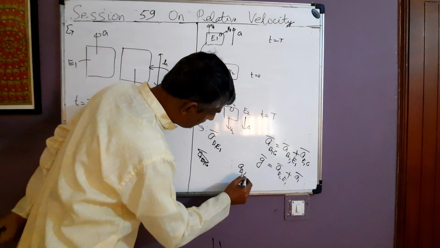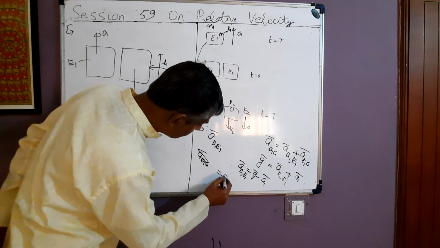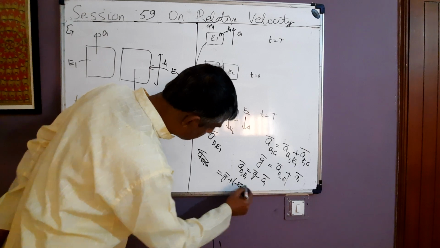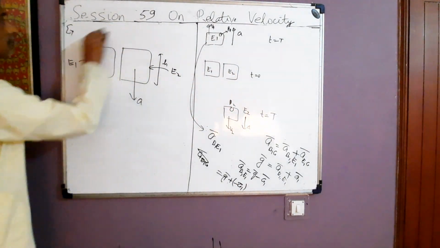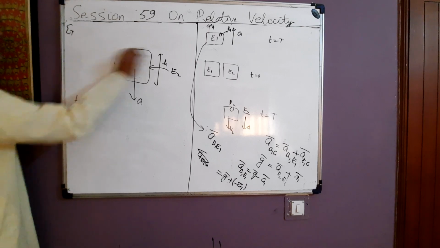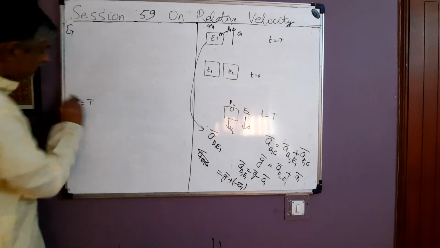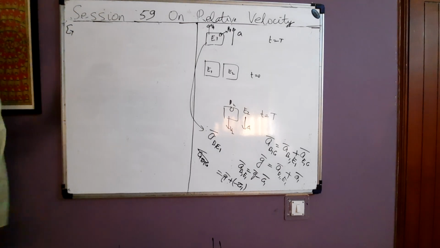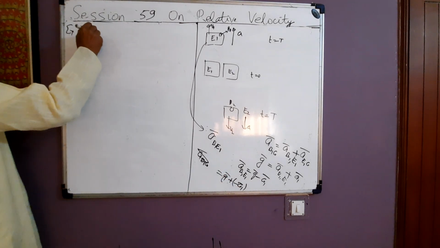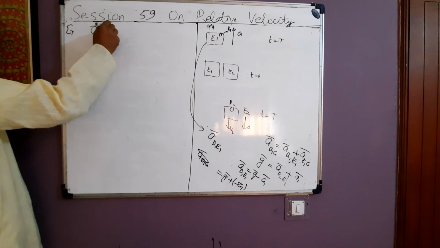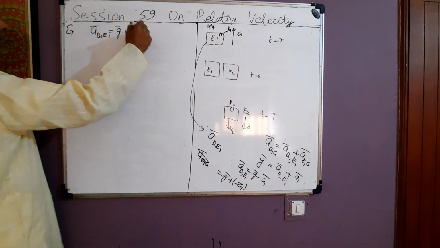So A B1 E1 is vector g minus vector A1, which is vector g plus the reverse of vector A1.